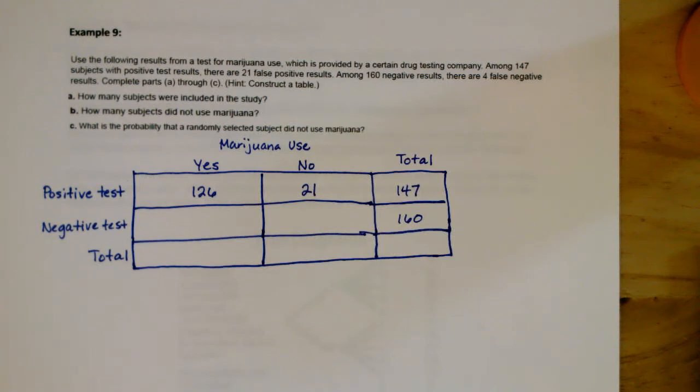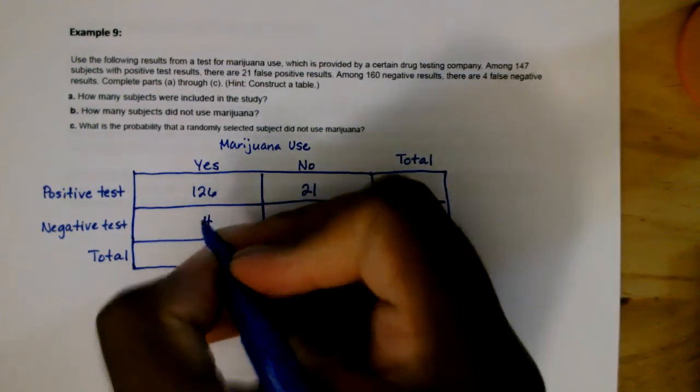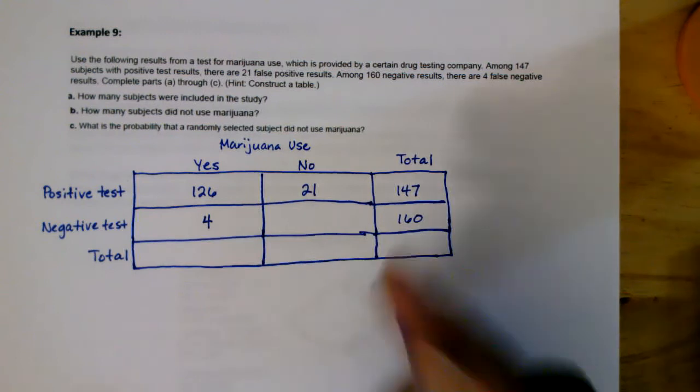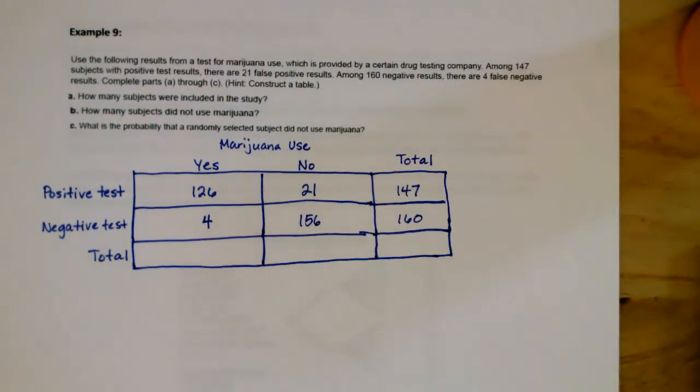They used marijuana, the test came back negative. That would be a false negative. They used marijuana, but the test came back negative. In other words, they beat the test. So that 4 would go here. Now, if I subtract the 4 from 160, that would be 156, which means they did not use marijuana and the test came back negative.